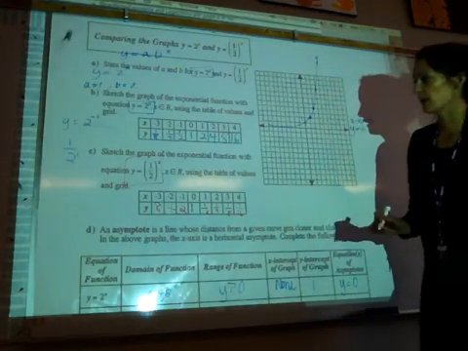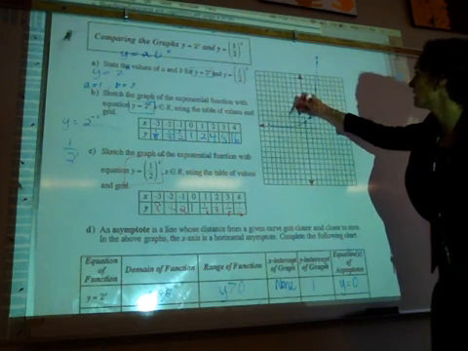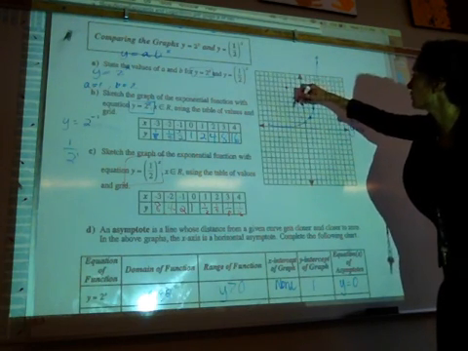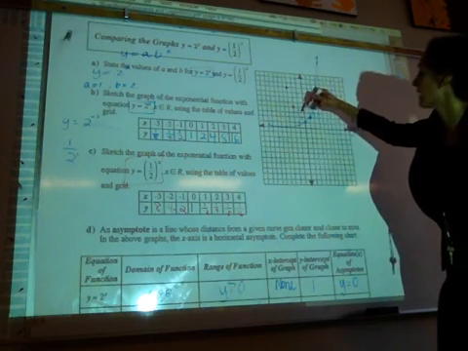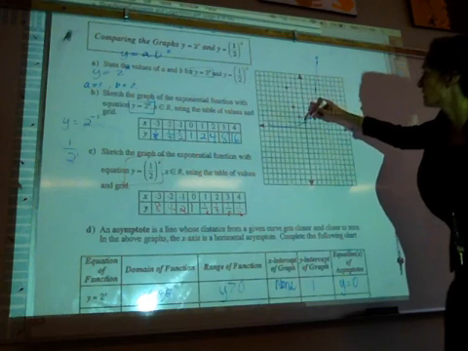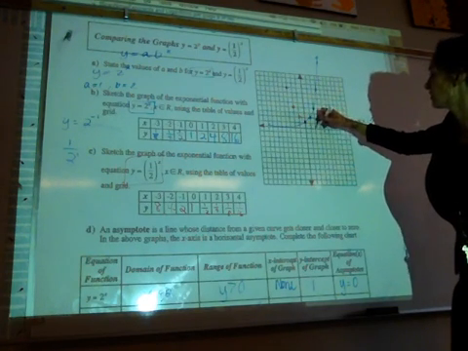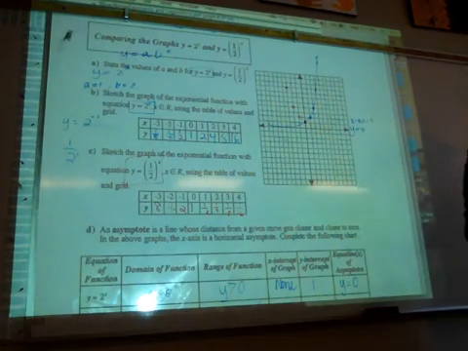Now let's plot these points. We have -3, 8. So 1, 2, 3 of 8. Okay, -2, 4. -1, 2. 0, 1. 1, 1/2. 2, 1/4. 3, 1/8. 4, 1/16.